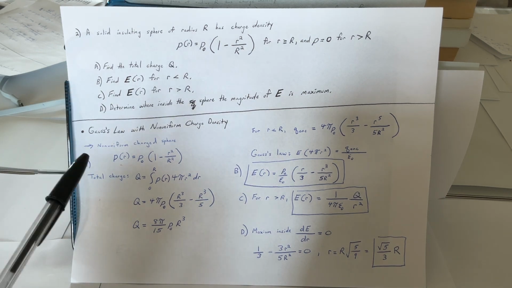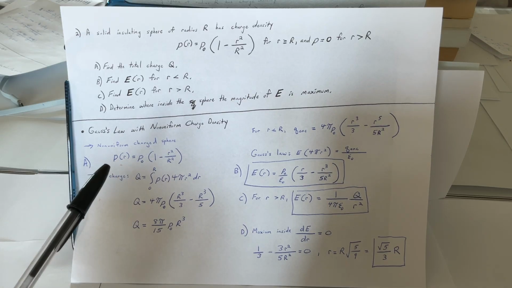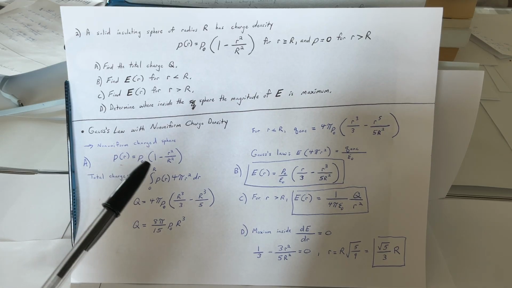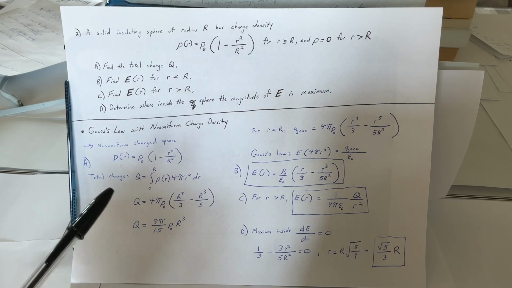So finding the total charge here, the non-uniform charge sphere, we have for letter A, rho of r is rho naught times the quantity 1 minus r squared over R squared.